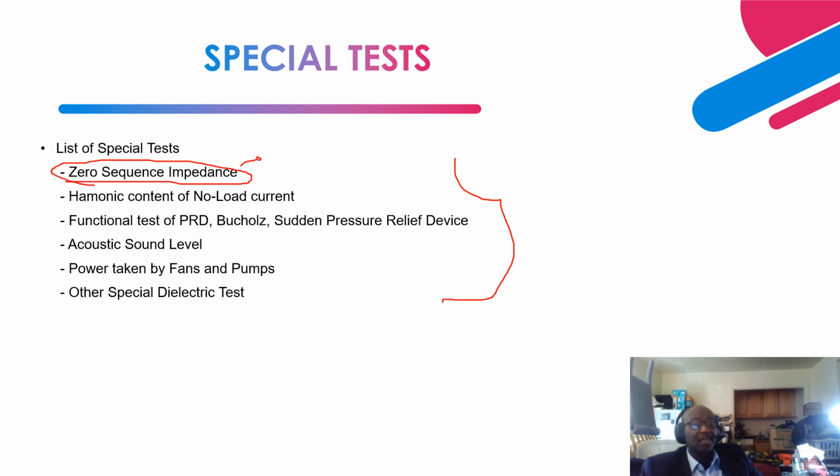This testing is basically done to determine the zero sequence impedance for the protection relay engineer to be able to calculate single line to ground fault and double line to ground fault, to be able to set the relays, right? So that is why they do the zero sequence impedance testing as a special test.